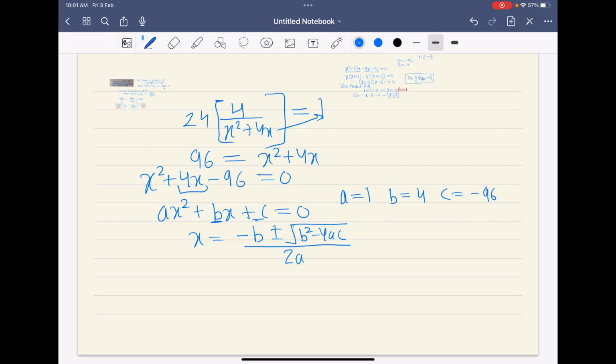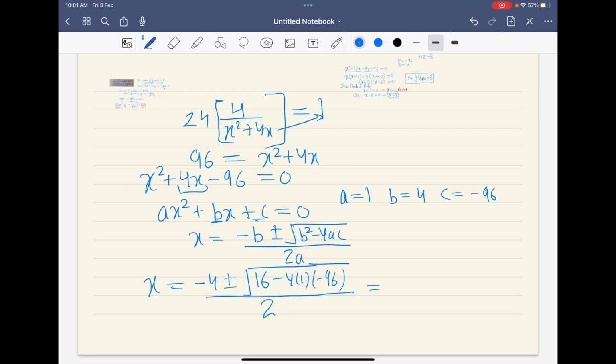So what should be x now? So x would be equal to minus b, which is minus 4, plus minus square root of b square. So 4 square gives us 16, minus 4 into 1 into minus 96, and that divided by 2a, which would be just 2.